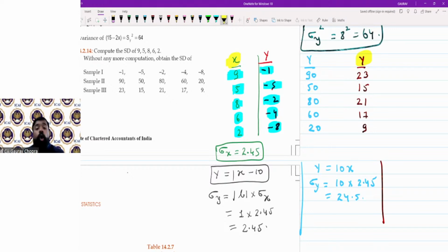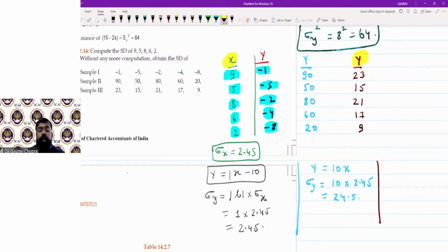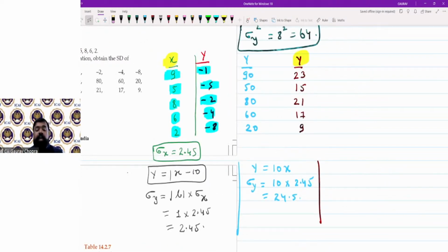It can be a combination of two things: multiply plus addition, multiply and division. So what is the combination? If you multiply x with 2 and add 5, you will get y.